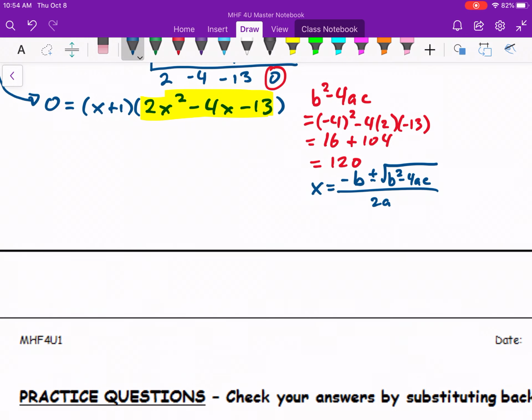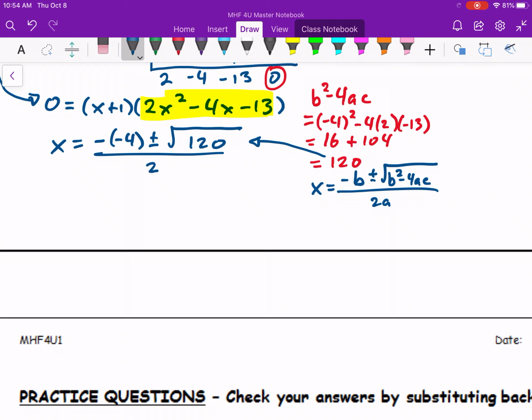So I'm going to use the same a, b, and c that I did just in my discriminant. So x is going to equal negative, b was negative 4, so negative negative 4, plus or minus the square root of b squared minus 4ac. I already calculated that. That's 120, so let's save ourselves a little bit of trouble here. Over 2a, which is 2 times 2. So I have 4 plus or minus the square root of 120 over 4.